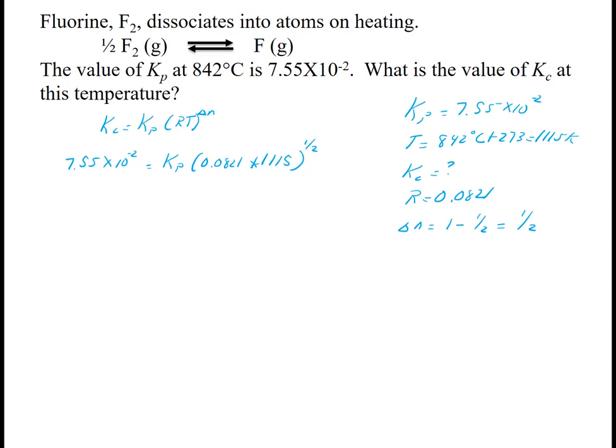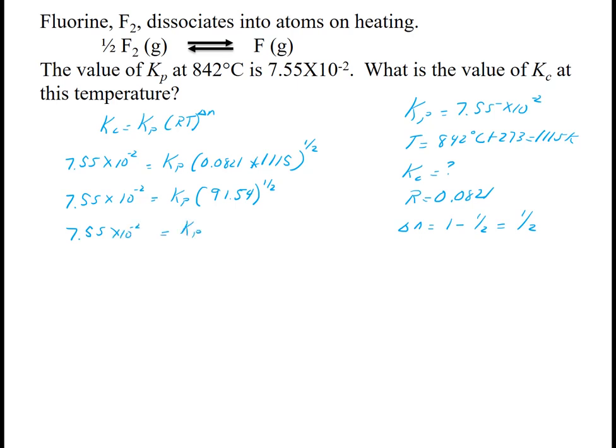I'm not going to touch anything on the left. I'm going to do the inside of the parentheses first, and I get 91.54 to the 1/2. Still going to leave this the same.